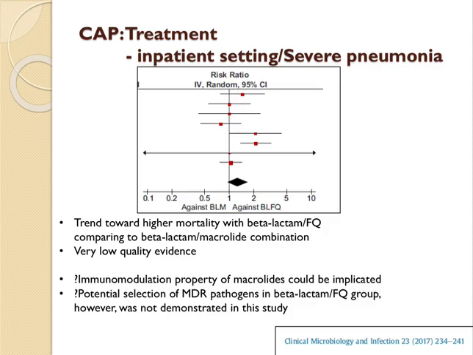There was also a speculation whether patients that receive beta-lactam/fluoroquinolone combination potentially select for multi-drug resistant organisms. However, that was not demonstrated in the study, so that's like an unproven theory.